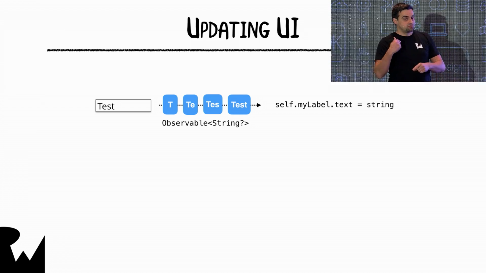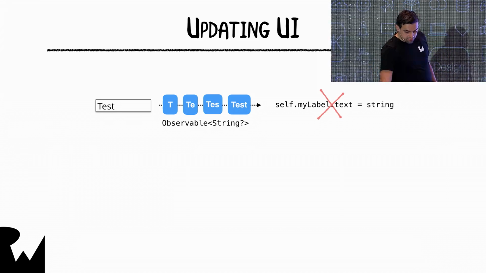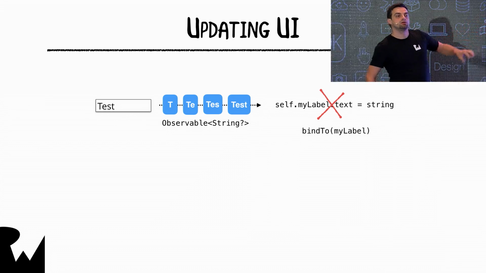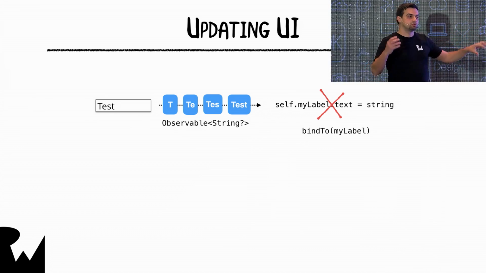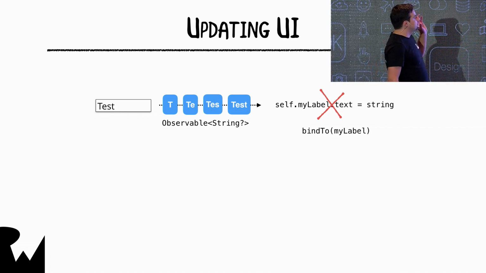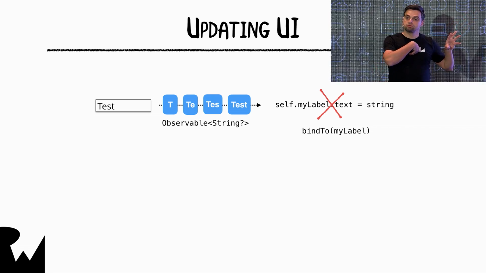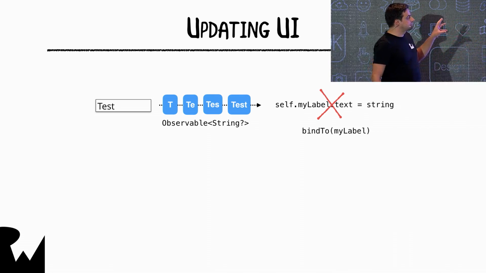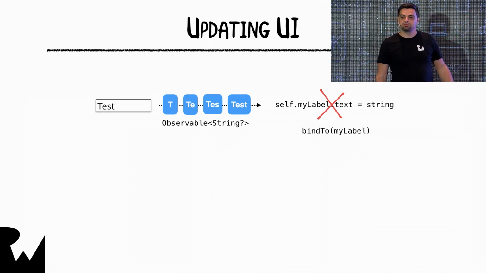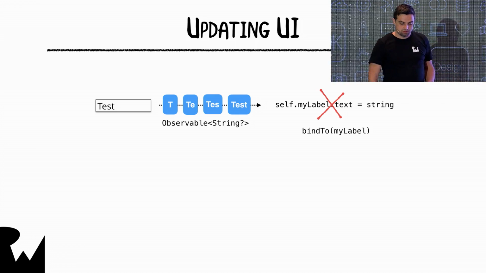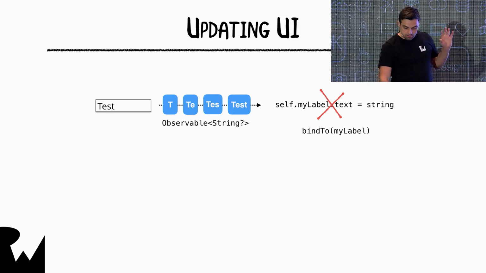However, RxSwift offers that. Whenever you have an observable of string, you can use bind to and give it a label, and then Rx will take care, whenever your observable emits a new text, to also update the label that you gave it. And that works for different types with different UI controls. A piece of text you can bind to a label.